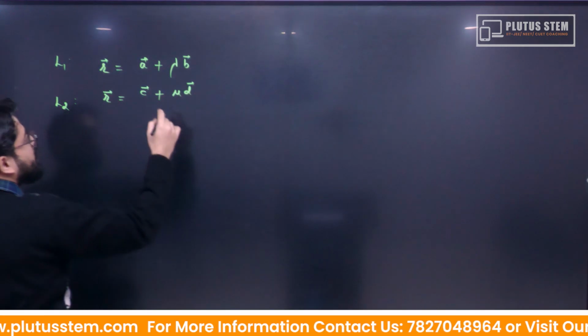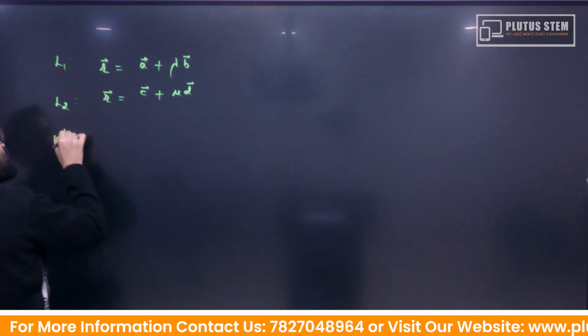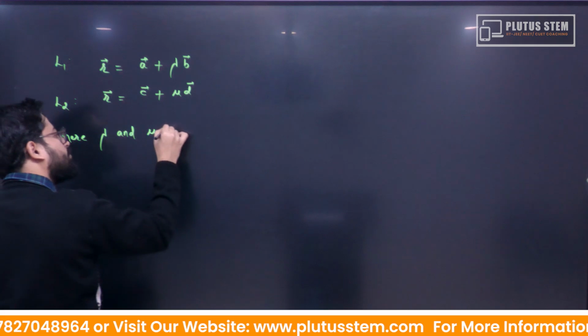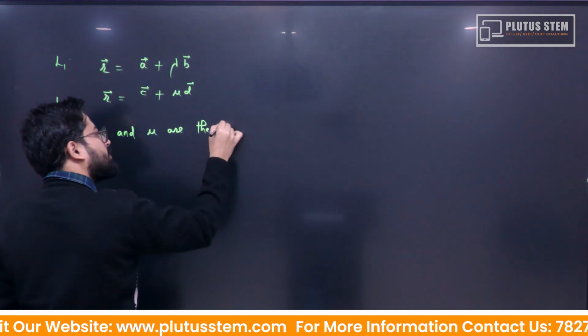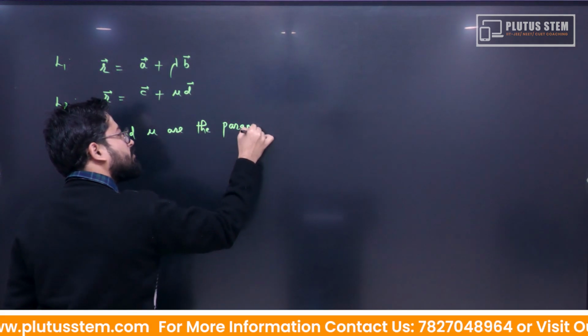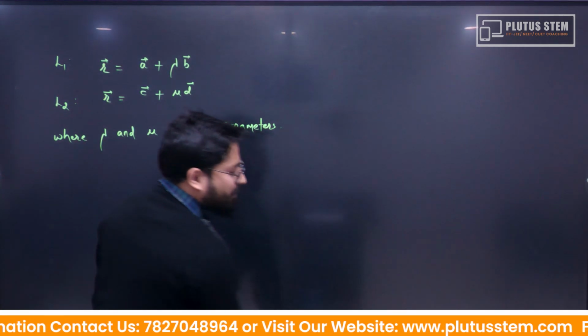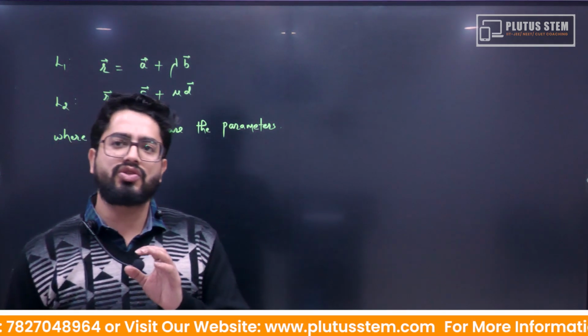Here, lambda and mu are the parameters. We have to find the shortest distance between these two lines.